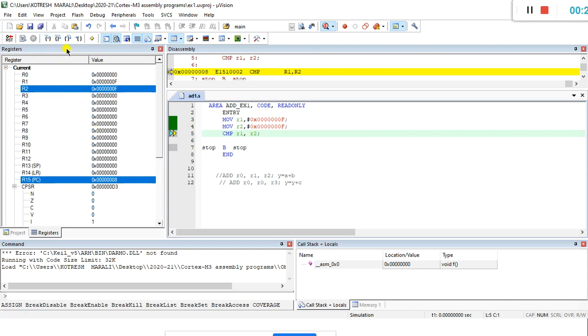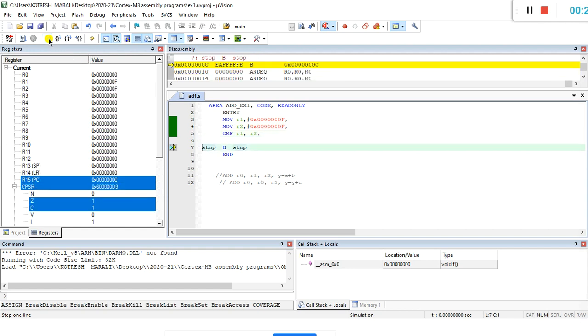Look at R1 and R2: they remain the same, but only the content of the flag register is varied. Now see here, the zero flag is high and the carry flag is high, right? So if the zero flag is high when I perform the compare instruction, what does it indicate? It indicates that the two inputs are equal.